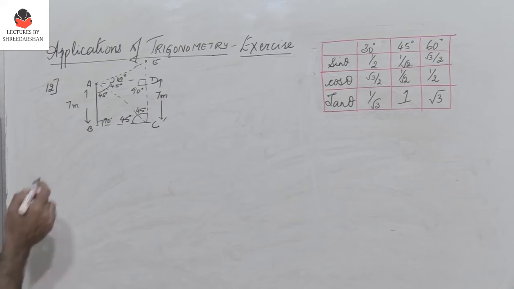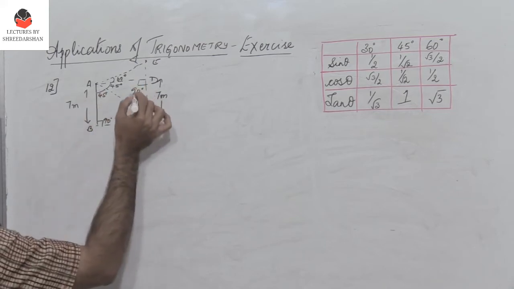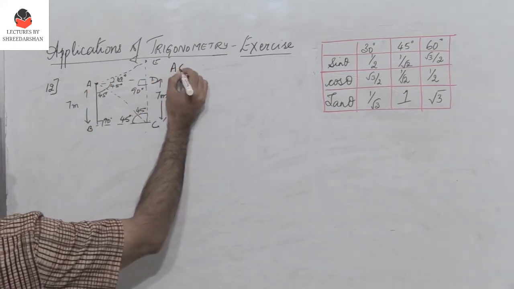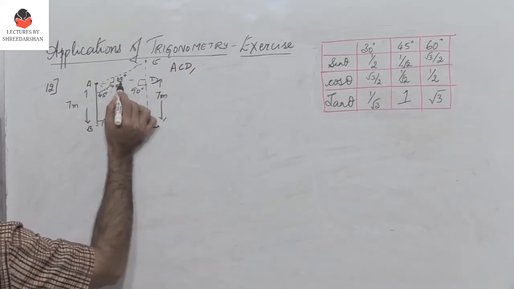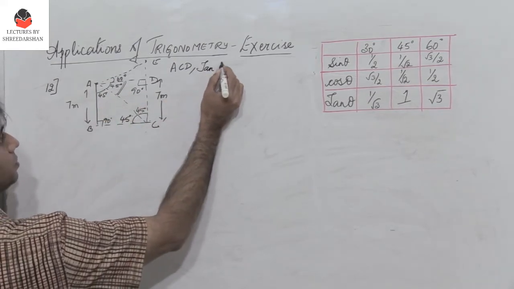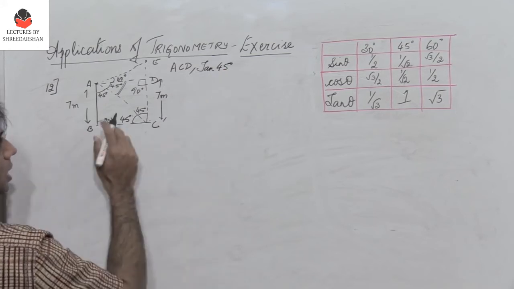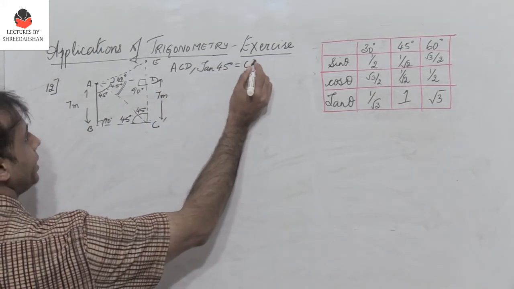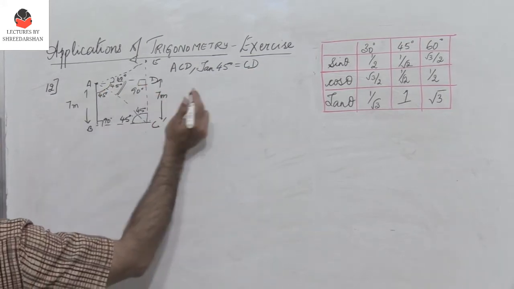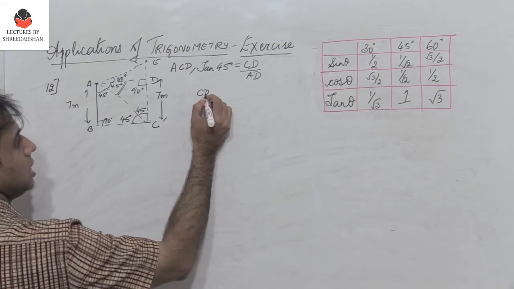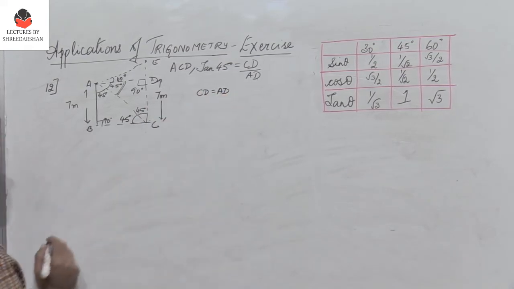Tan 45 degrees, considering the triangle ACD and this angle, is the opposite side, which is CD, divided by the adjacent side AD. So here we have CD equals AD, because tan 45 degrees is 1.